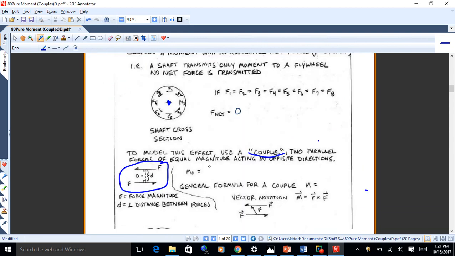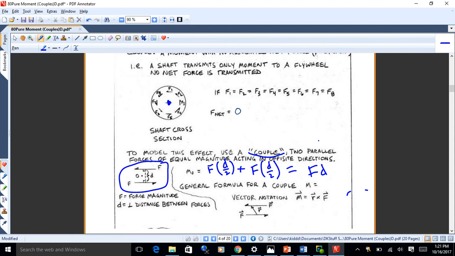For the top, I'm going to have F times D over 2, because D actually extends from one force to the other. And for the one on the bottom, I'll have another positive counterclockwise moment, which will be F times D over 2. So I'll get 2FD over 2, otherwise known as the force times the offset distance.